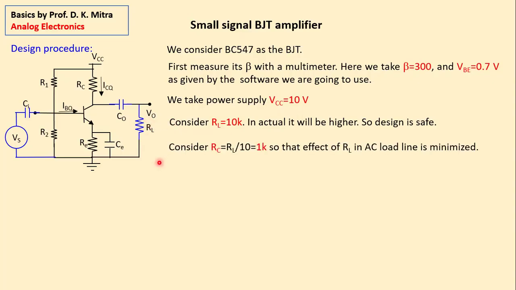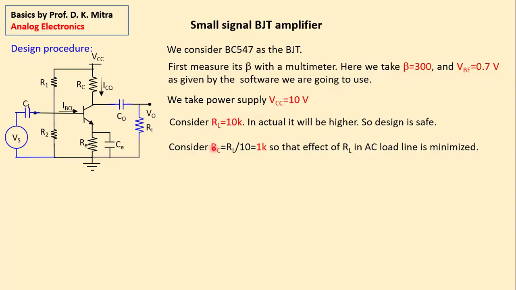Next, here I request all of you, please take note of the steps, which one after what. So first BJT, then note its beta and VBE, then consider the supply voltage 10 volt, consider RL 10K, then consider RC.